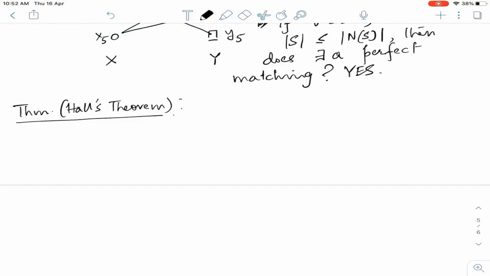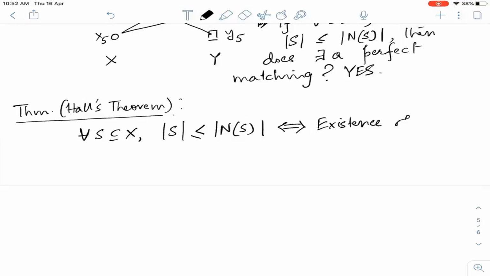So for all S belonging to X, |S| is less than or equal to |N(S)|, is equivalent to the existence of a perfect matching.